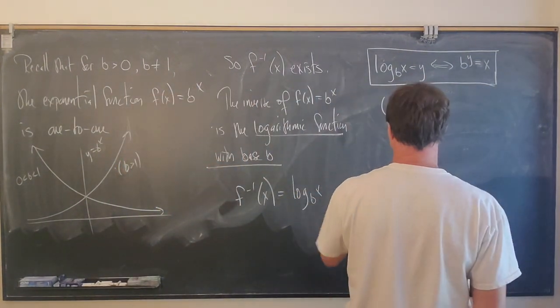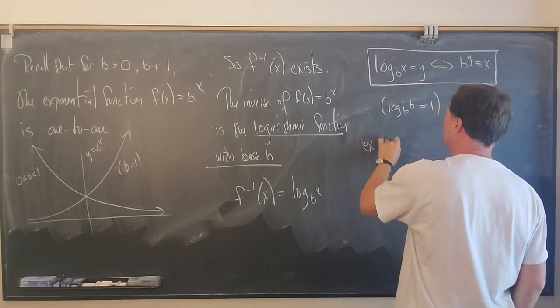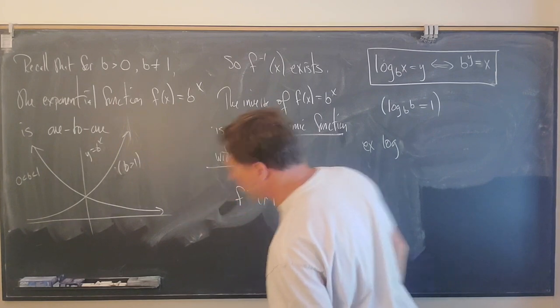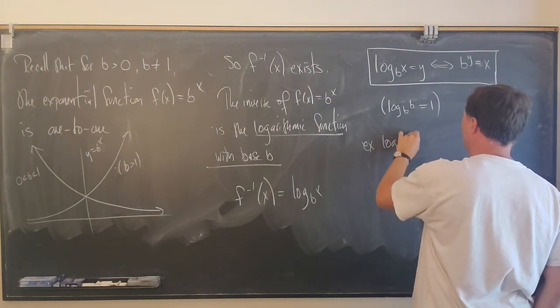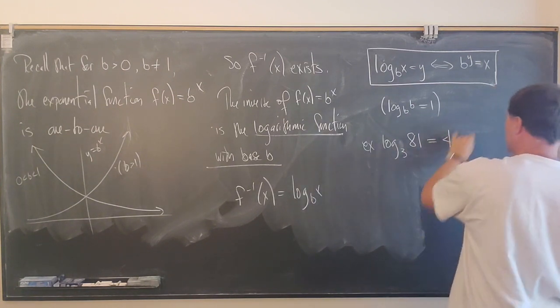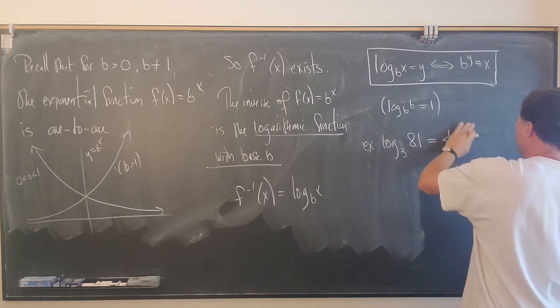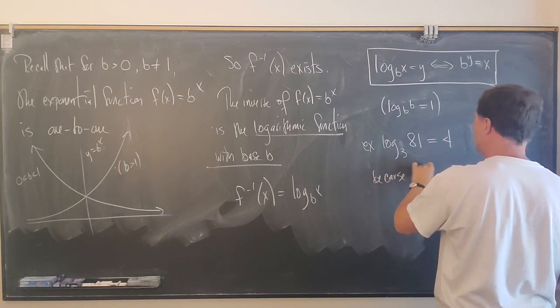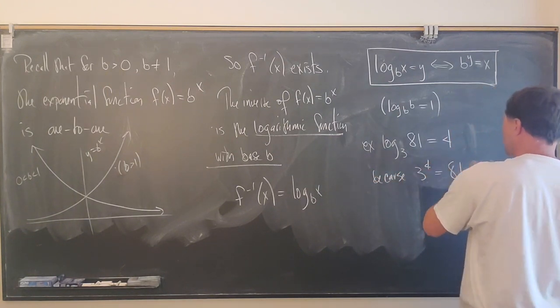Let's just try a couple of examples now. The first one, log base 3 of 81. Well, that's equal to 4, and the reason is that 3 to the 4th is equal to 81.